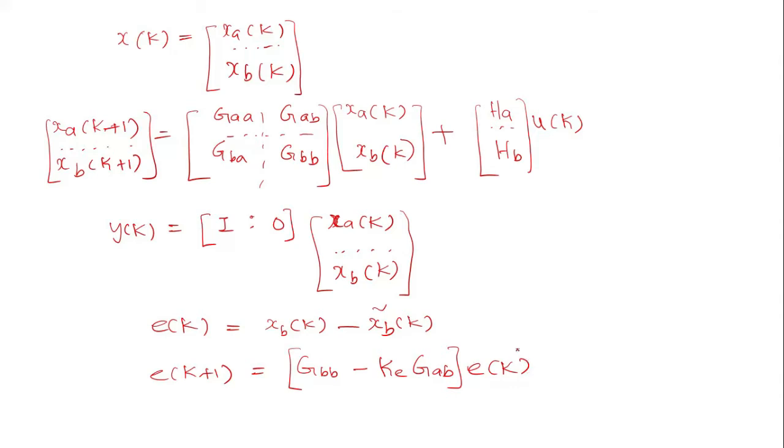The derivation for this part is skipped. When you compare with the observer state equation for a full order observer, you will see that GBB is a replacement for the G matrix, and GAB is a replacement for the C matrix. We will try to do a problem to understand this better.